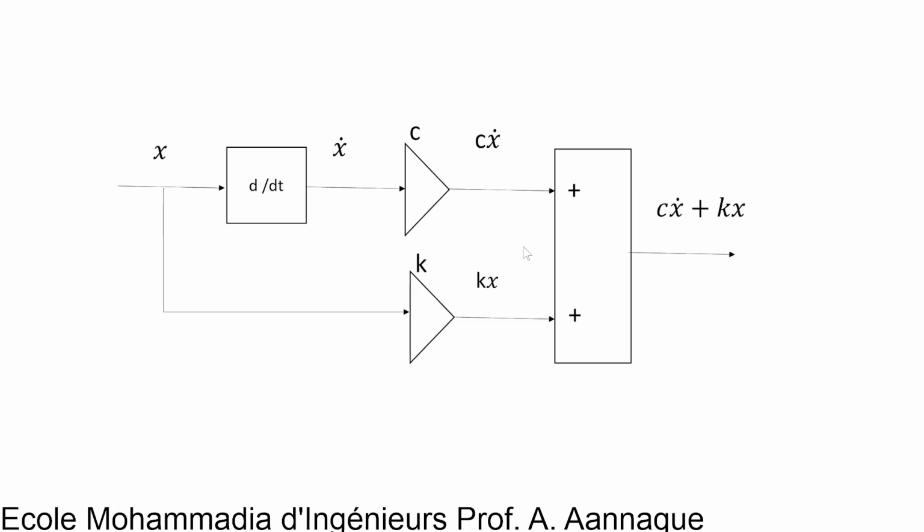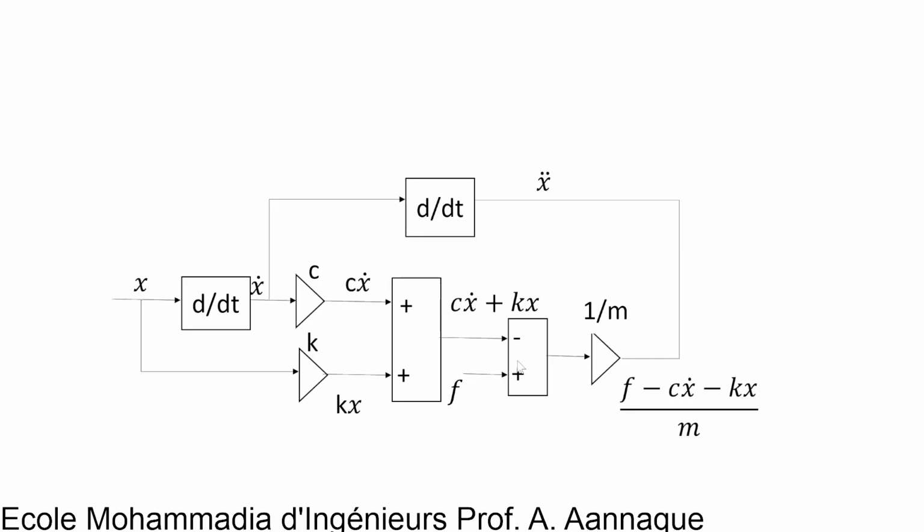If we add the external force F, and we use another block to calculate the sum of F and minus c x dot plus kx, then we use an amplifier with a gain of 1 over m, we get F minus c x dot minus kx divided by m.